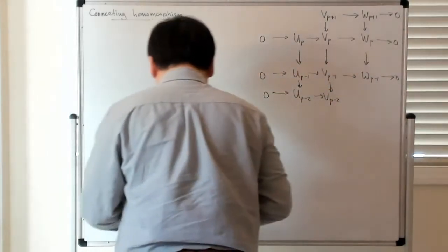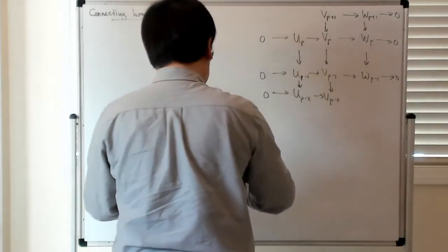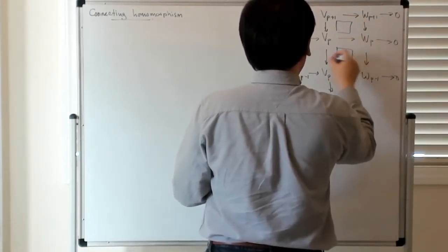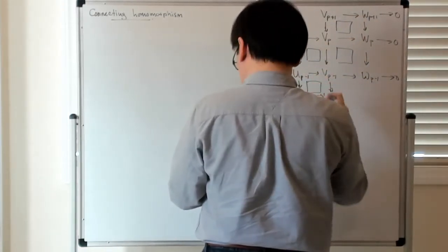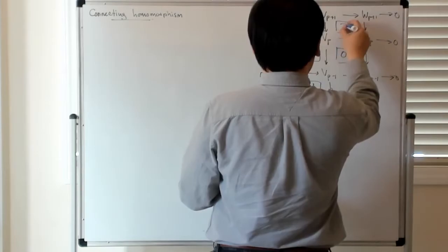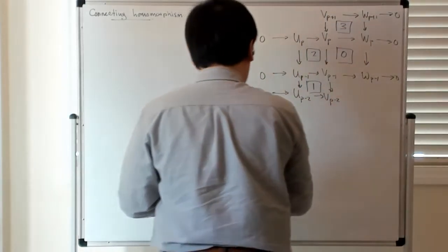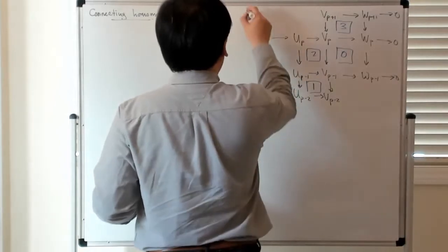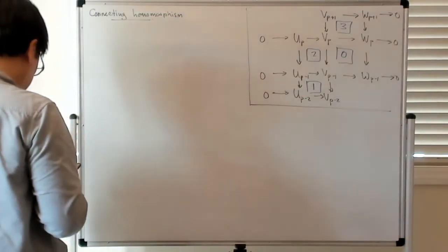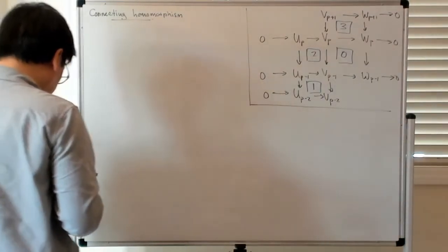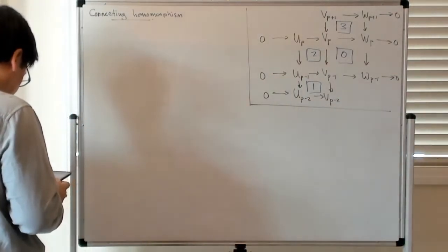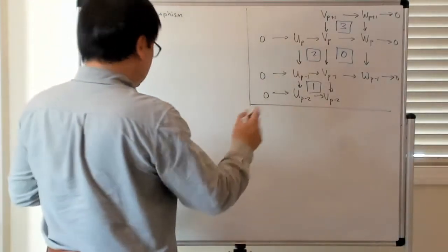Okay, and I'm going to label these boxes corresponding to commutative blocks because we're going to refer to them in the proof. So this is 0, 1, 2, and 3. All right, so we're going to put this in the corner here, and we're often going to suppress some of the subscripts just to make this a little bit less onerous.